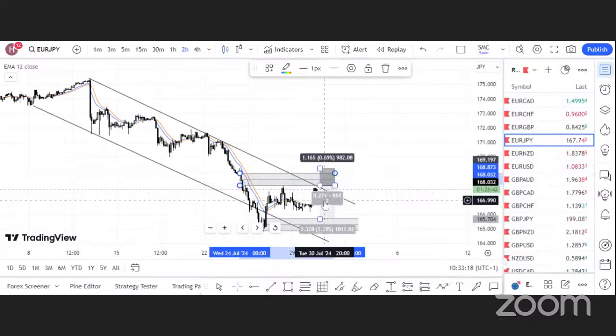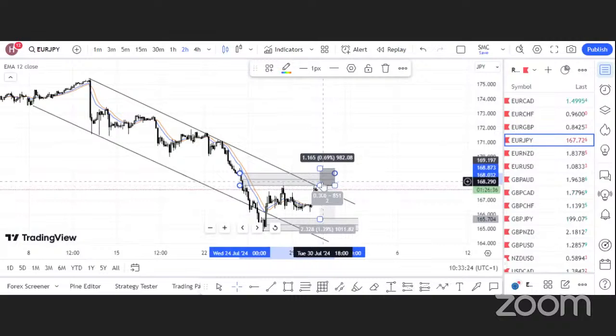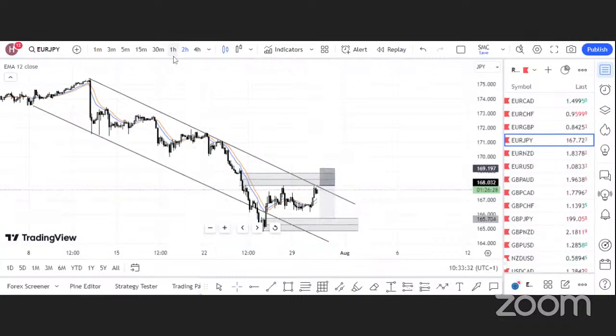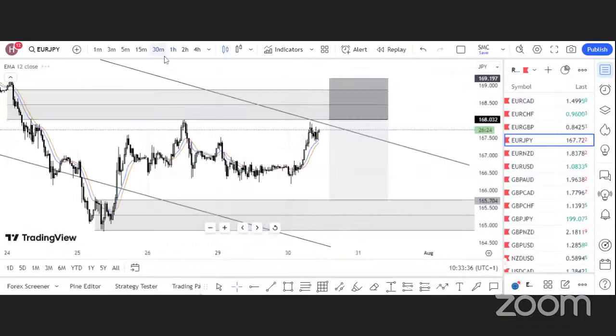So I'm expecting a rejection from the level, and then I expect the market to trade downwards. This is the 2-hour time frame. Let's go to the 1-hour time frame, or let's go to the 30 minutes time frame.